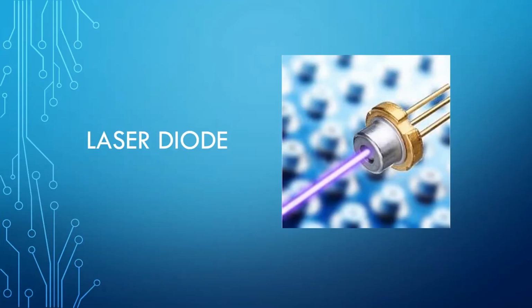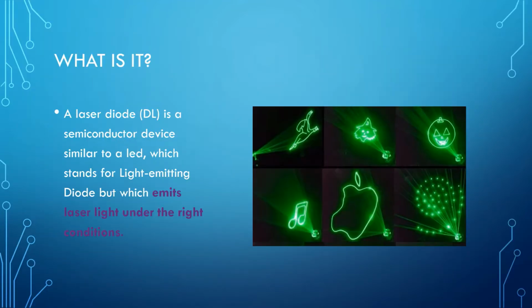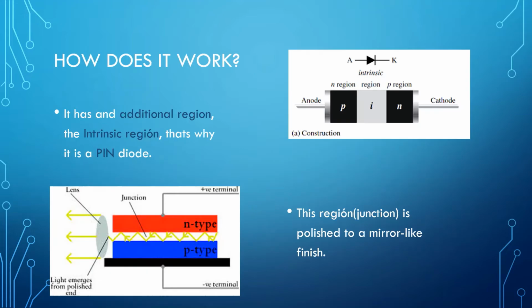Laser diode. A laser diode, LD, is a semiconductor device similar to a LED, which stands for light emitting diode, but which emits laser light under the right conditions. It has an additional region, the intrinsic region. We can see it here. That's why it is a PIN diode.